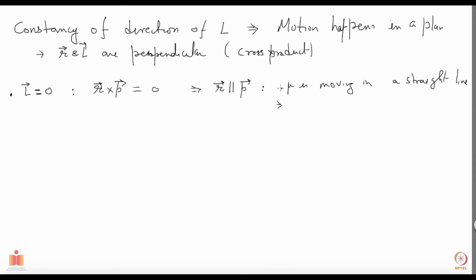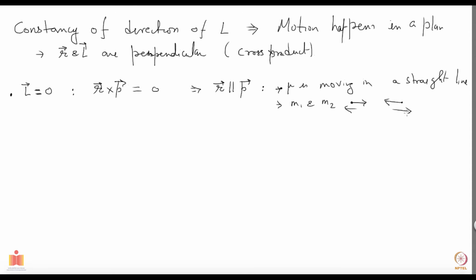Or for the picture where both the bodies are present, it will mean that M1 and M2 are going towards each other this way or that way, along a straight line. Okay, that's good.